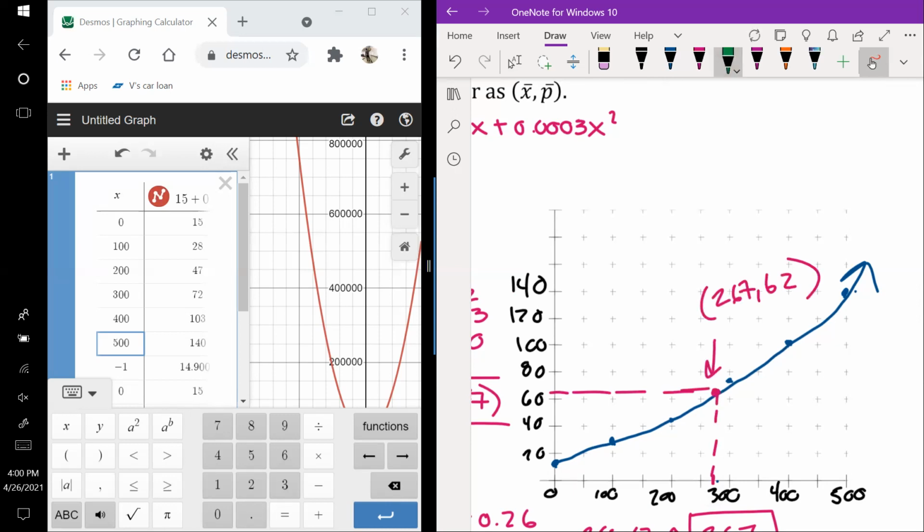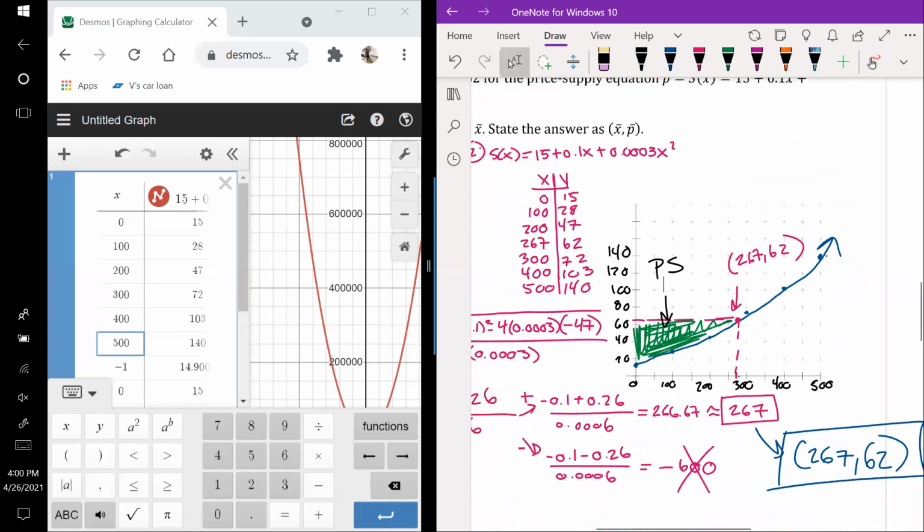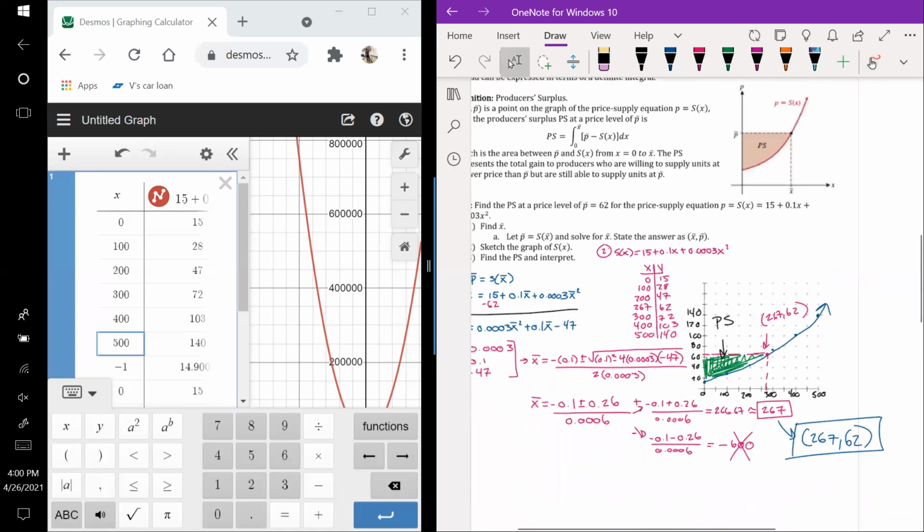Okay, and this is the area we are looking for. Here is our producer surplus. Now, on to the integral.